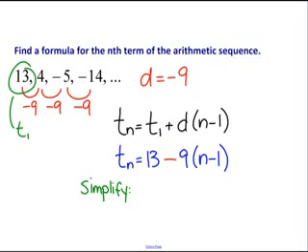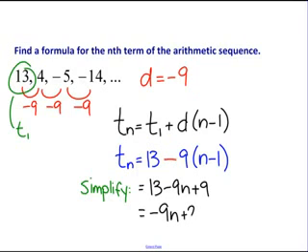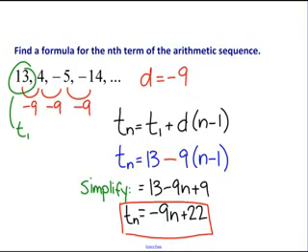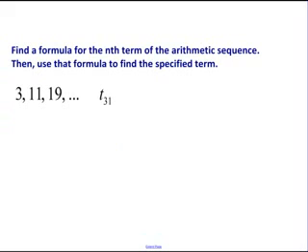And then we want to simplify. So our final answer is that to find the nth term, you take negative 9 times n and add 22. That's a formula to find any term of this sequence.